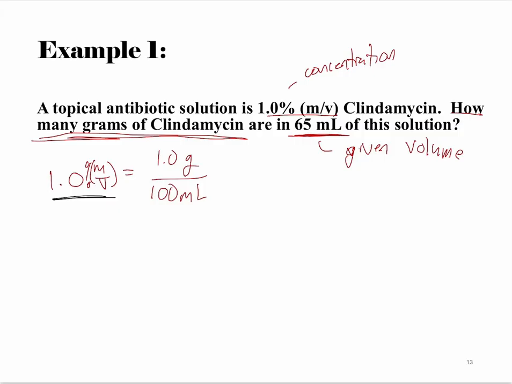Because we just want units of grams in the end. If we're starting from concentration, and we want to go to grams of solute. In this case, the solute is clindamycin.